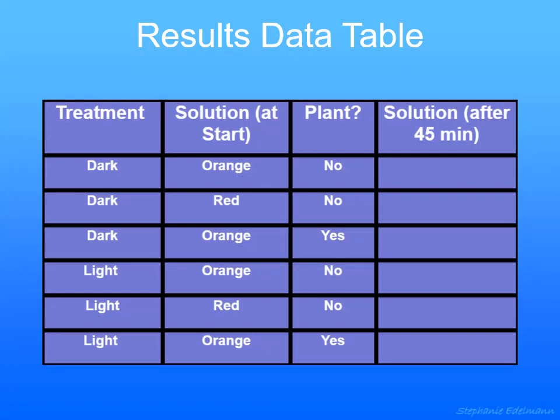On page 17 of your handout is a data table that looks sort of like this. So you have the treatment on the left, dark versus light, then the solution at the start, orange, red, or orange with a green dot, that's the plant one. And then after 45 minutes, you need to be looking at what your plants look like.